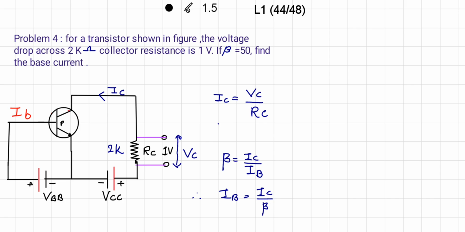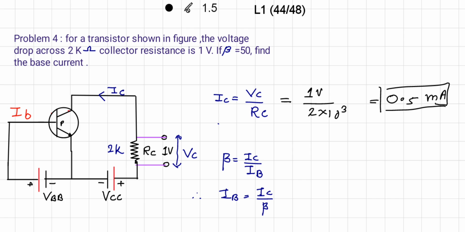So here IC is equal to Vc upon RC. Voltage across this Vc is given 1 volt divided by the value of resistance RC, that is 2 kilo ohm, that is 2 into 10 raised to 3 ohm. So here we get the value of current IC, that is 0.5 milliampere. So this is value of IC. Now we know the value of IC, and we know the value of beta that is given.